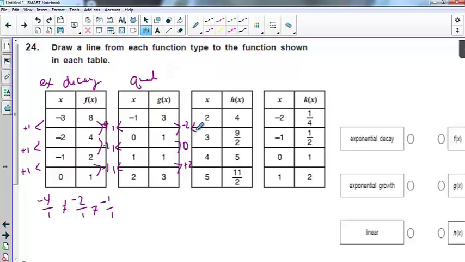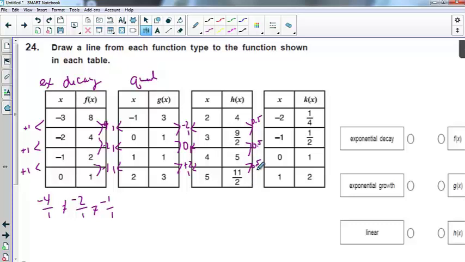And then what's happening here? Up 1. What's happening here? Nobody knows. Okay, this is up by how much? A half. What's this one? This is the same all the way through.